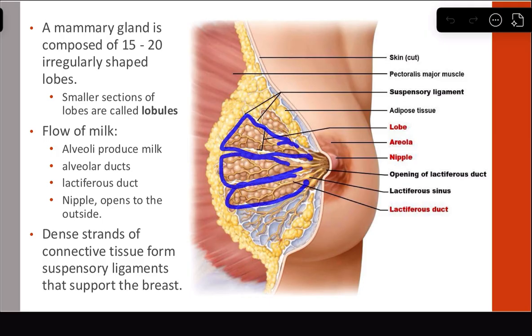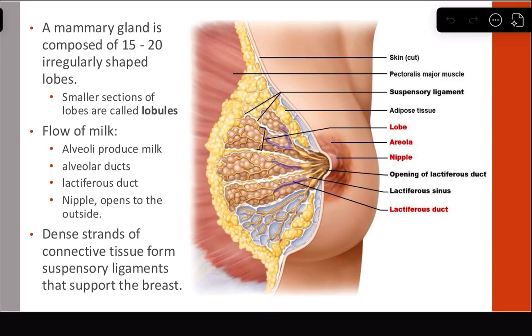Now, within each lobe are going to be smaller chambers called lobules. These lobules are going to contain the glandular alveoli, kind of like we saw in the lungs, glandular alveoli that produce the milk during lactation. The alveoli of these lobules are going to pass the milk into a number of lactiferous ducts, which are the ducts associated with lactation in the mammary glands.